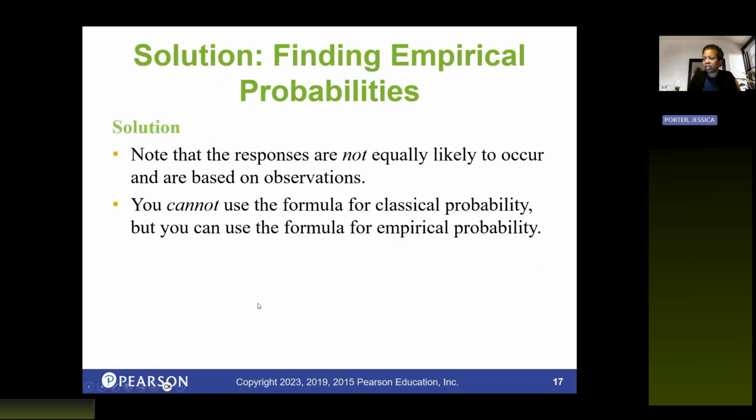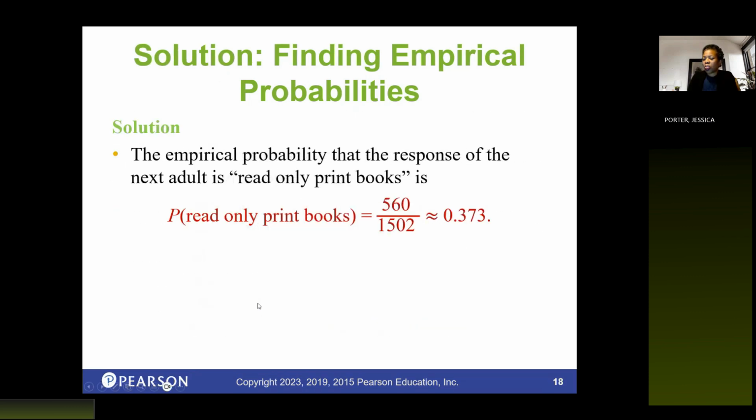You are correct. So that probability is 0.373.